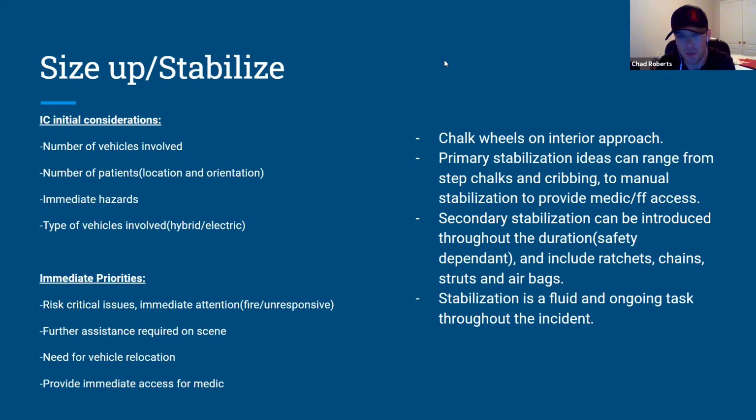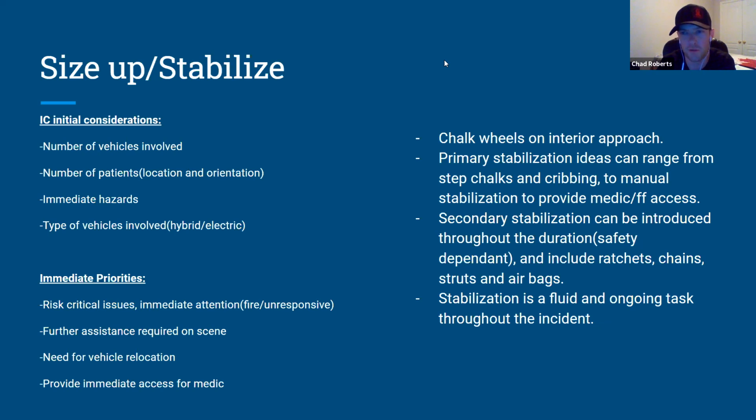Primary stabilizations, like I said, can be as simple as step chocks, wedges, 6x8s and wedges, whatever your department uses. It really doesn't matter. Or it can be as simple as manual stabilization. If we need a medic in right away, or a firefighter in right away, and that's our primary concern, to find out what's going on, sometimes with a vehicle on its side or on its roof, it's just a couple firefighters with a little bit of strength just to stabilize that vehicle, just to make sure it's safe for them to get in.